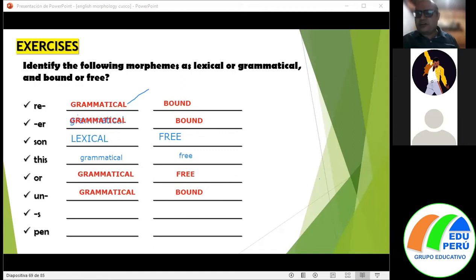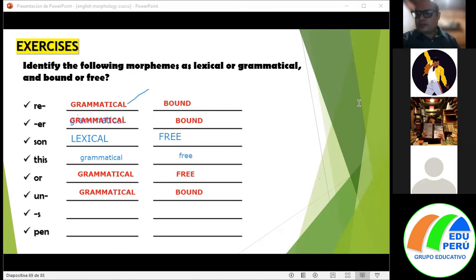What about the other one? Any other volunteer that you could tell me orally and I can write it? Is grammatical bound too? That's it, Lucy. Grammatical bound. Yes, you are right. Excellent.